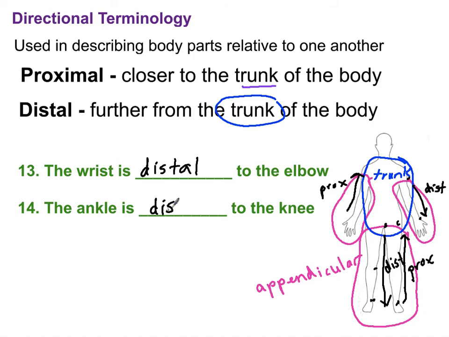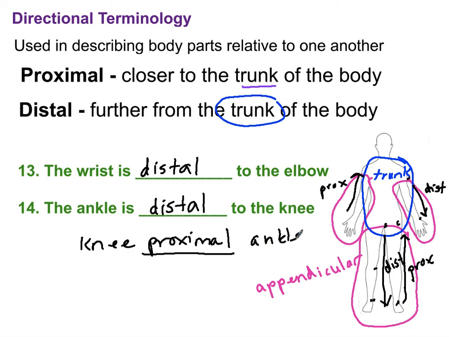Wait, she didn't give us two different answers? What the heck? Think about in your head how you could write something that is proximal. Really all you'd have to do is take one of these and flip them, right? So the knee would be proximal to the ankle. So that's also kind of cool. You can always flip these questions around and use the opposite term.